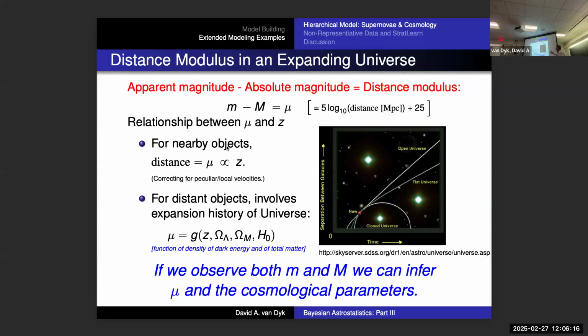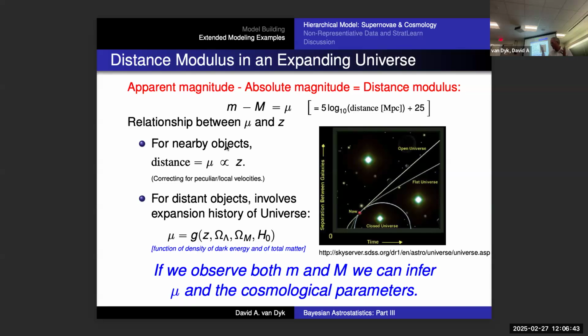Now at the bottom, I say, if we observe both the apparent magnitude and the absolute magnitude, we can infer the cosmological parameters, because M minus mu, the difference between the absolute and the apparent magnitude, is equal to the distance modulus, and the distance modulus depends on these parameters I might be interested in. So if I knew both little m and big M, I could estimate those parameters.